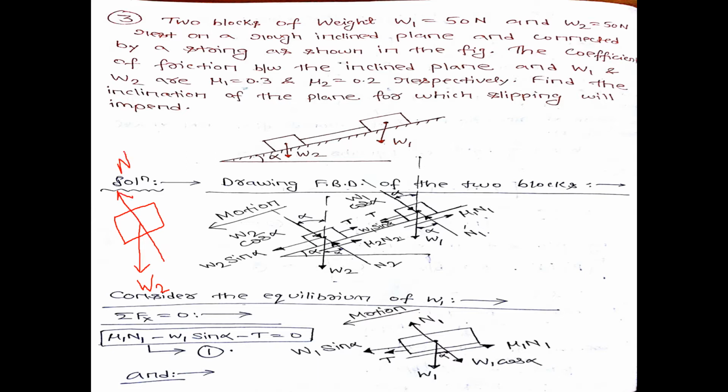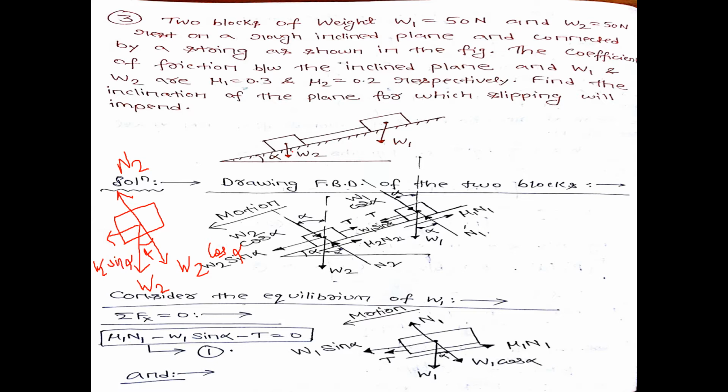If this angle is alpha, definitely this angle will also be alpha. Then W2 will have two components: one is W2 cos alpha and the other is W2 sin alpha. This component will be your W2 cos alpha, and this component will be your W2 sin alpha.